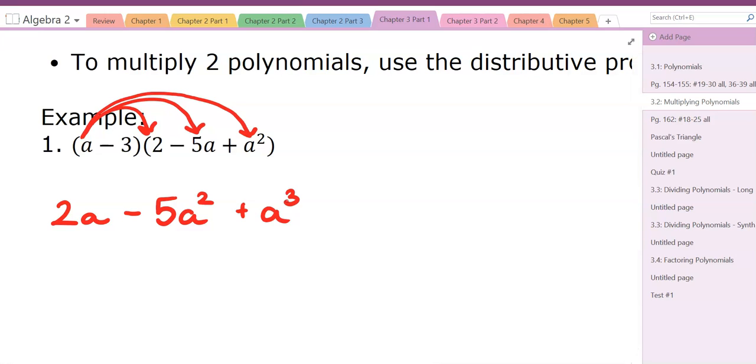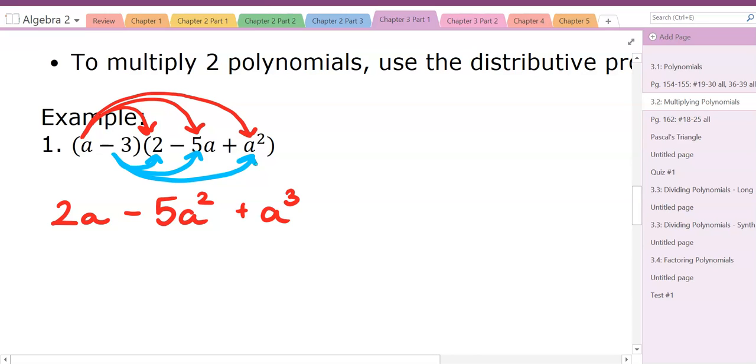Now I have to go in, I have to distribute a second time. So I'm taking negative 3 times 2 minus 5a plus a squared. This is why I said you're going to have a lot of arrows in some of these problems. So if it's easier for you as you're working through them to use different colors or to erase arrows after you've used them, do that if it gets too confusing.